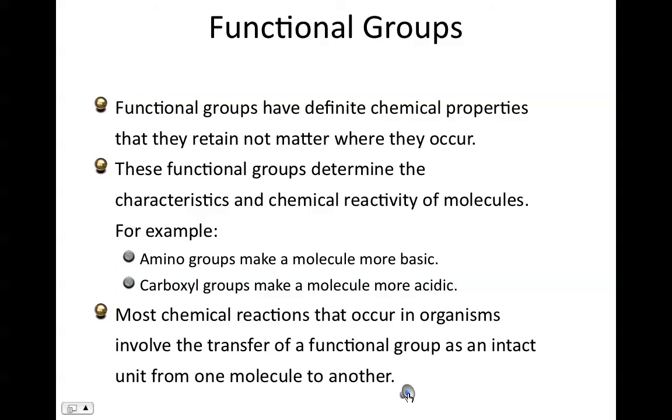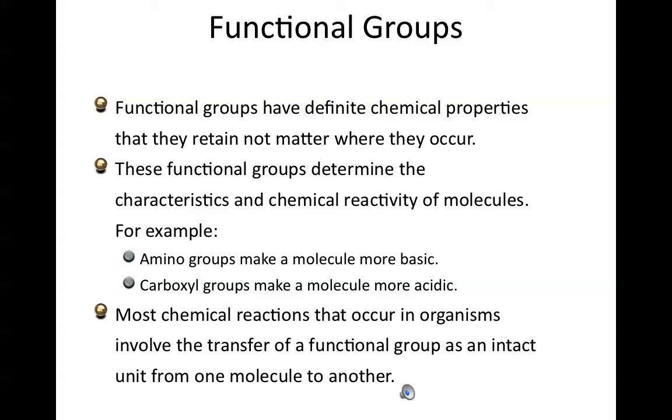Depending on the different elements and atoms in a functional group will determine its chemical reactivity and how the functional group will interact with other parts of other molecules, or even other parts of the same molecule. Sometimes different functional groups will give a molecule a unique attribute.